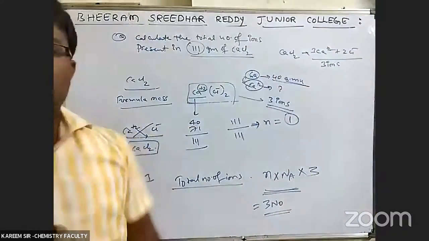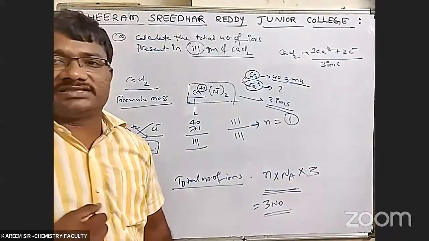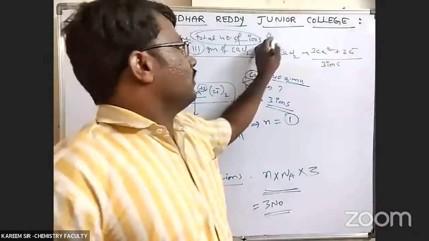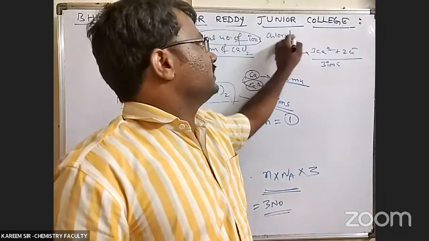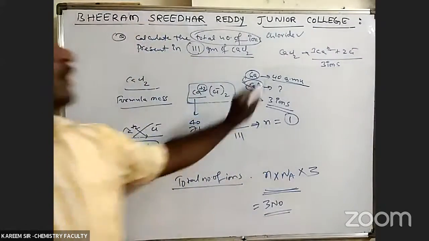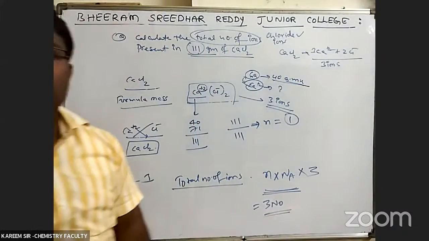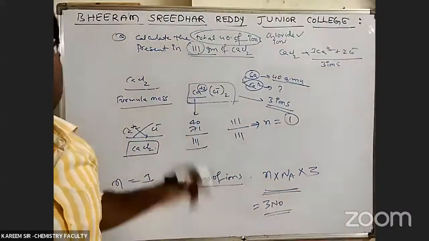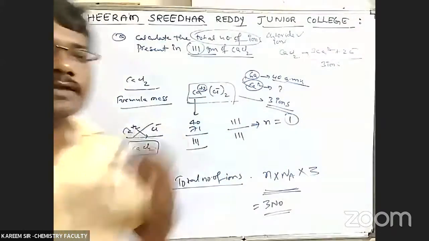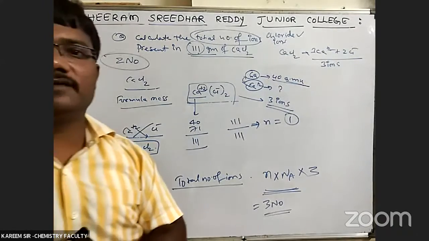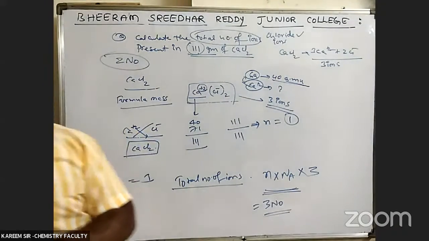Suppose the question is asked not for total number of ions. How many chloride ions in 111 grams? Tell me. Not the total number of ions, how many chloride ions are there? Very good, 2 N0. Sharan Tej and Vishnuvardhan, Sai Yashwant, very good.